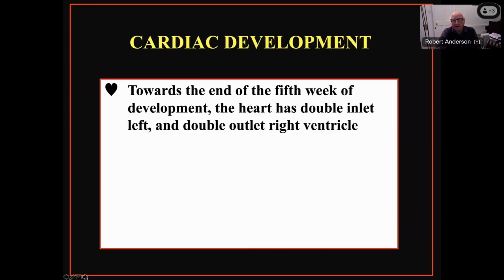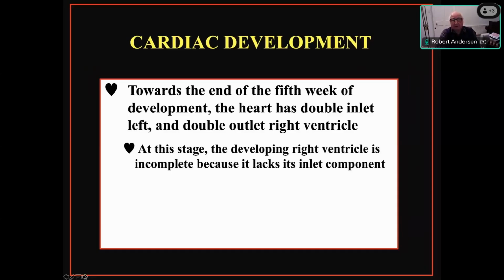So at this early stage, in fact, the developing heart has double inlet to the left and double outlet to the right ventricle.